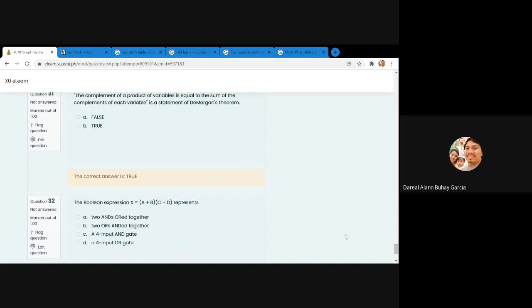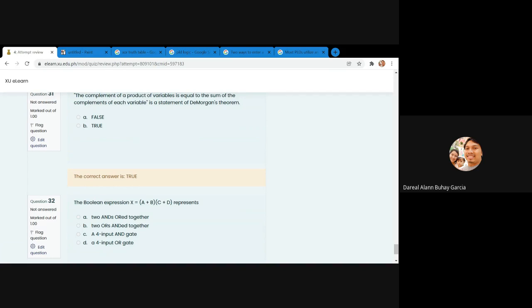The Boolean expression x is equal to that one represents, sige daw, I'd like to guess, two ANDs or together, two ORs ANDed together, a four input AND gate or four input OR gate.